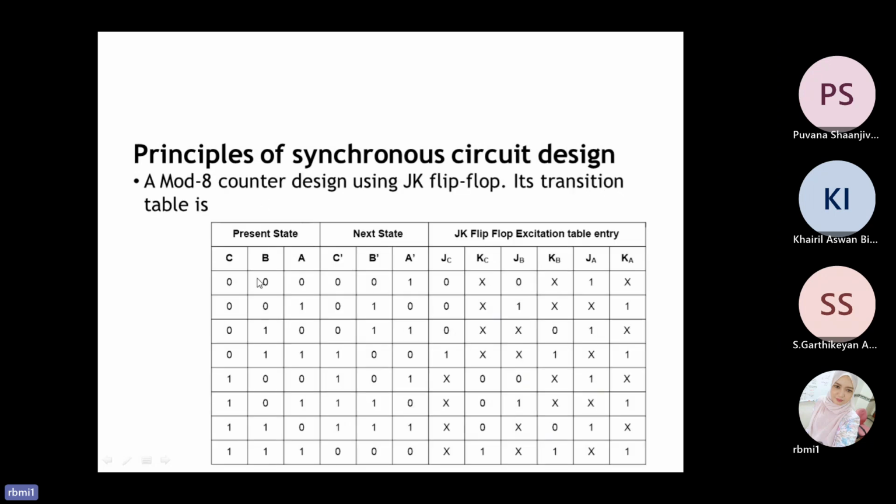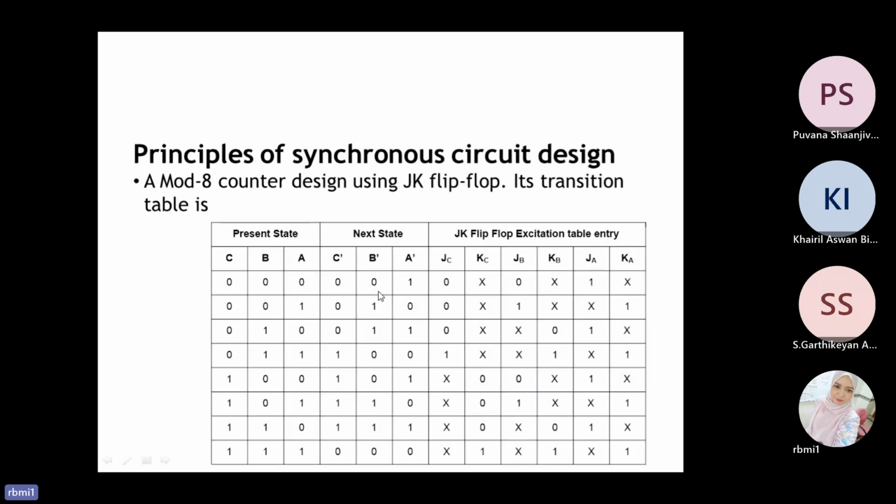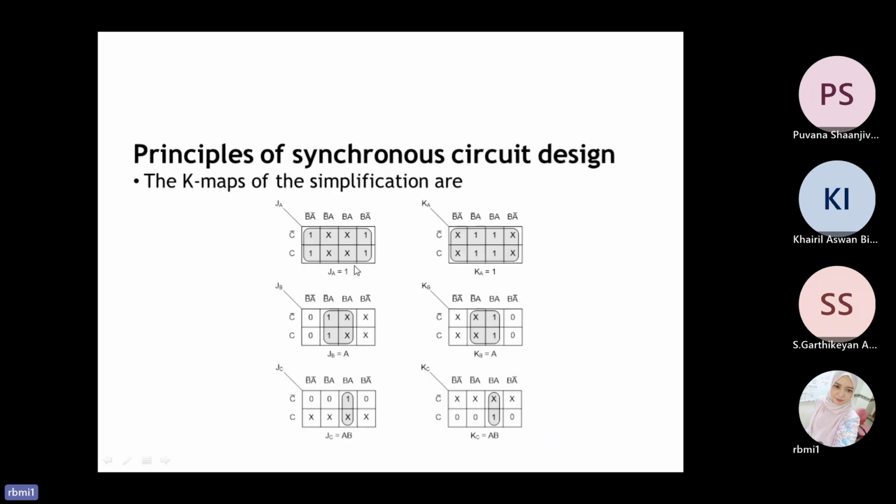We look at C, C prime, or C bar. C and C bar here. C and C bar, compare all those where JA equals to 1. That is how to get this. Okay, 0 and 1. 0 and 1.